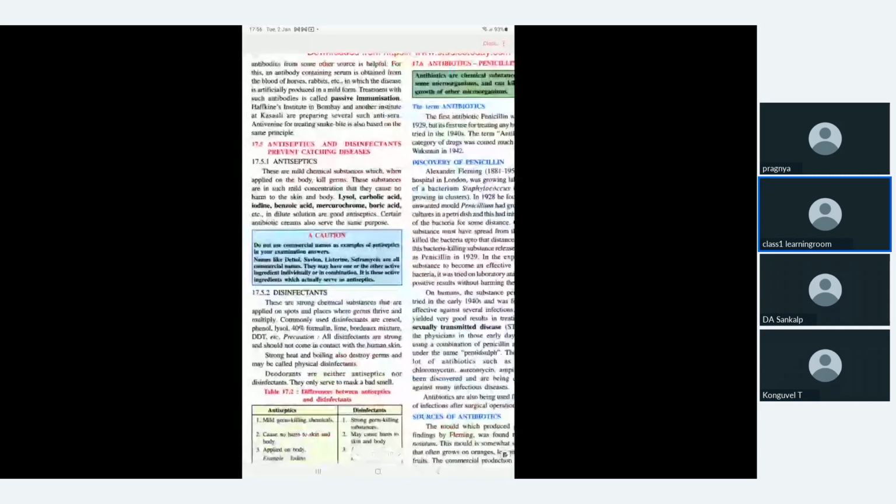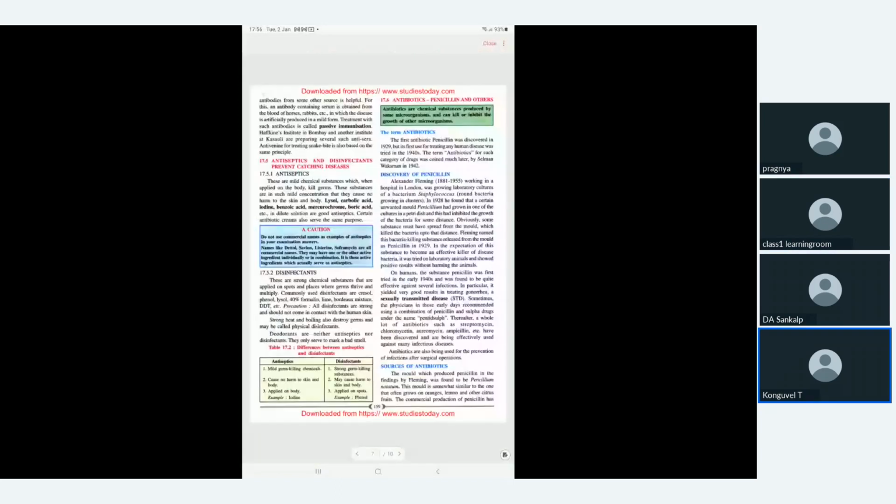Now, what are antiseptics and disinfectants? It is a very common thing, so you can understand it. Antiseptics prevent fungus growth and are applied on dead substances also. They are mild chemical substances which we apply on our body.